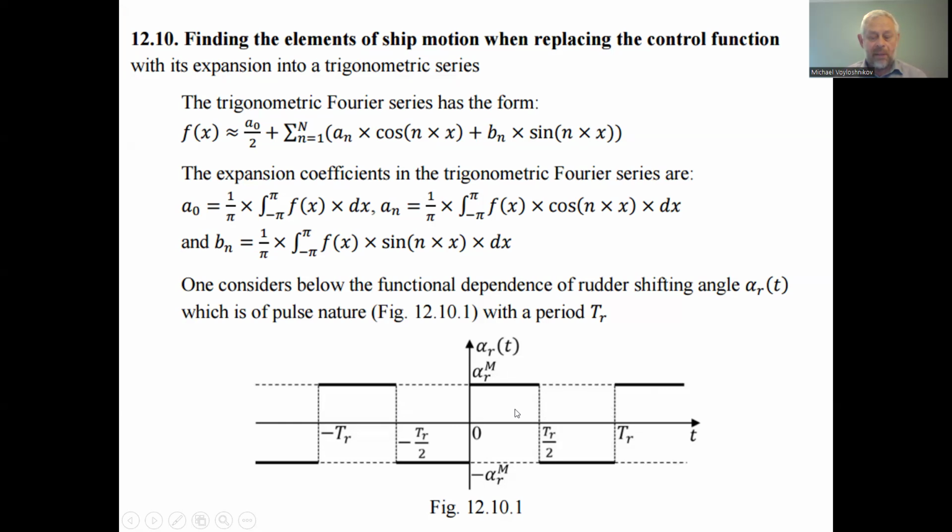We can substitute this pattern by its expansion into, for example, a trigonometric Fourier series. So we can use the trigonometric Fourier series for the expansion of this impulse pattern of the rudder turning.